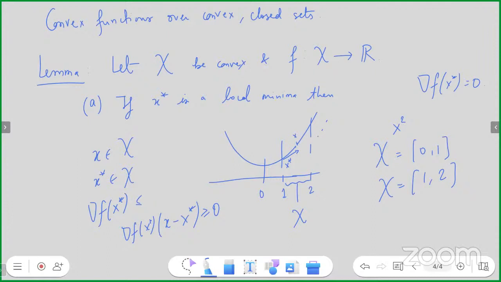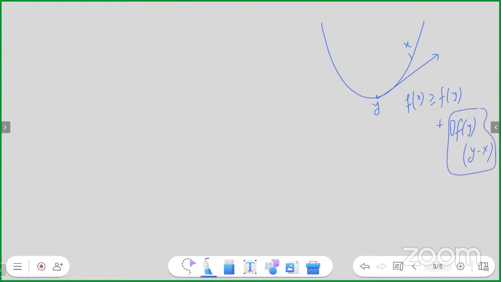You've done this. In a convex function, what exactly happened when we said some inequality, that let's say this is x, this is y? What is this quantity? Along the gradient, how far is he walking?